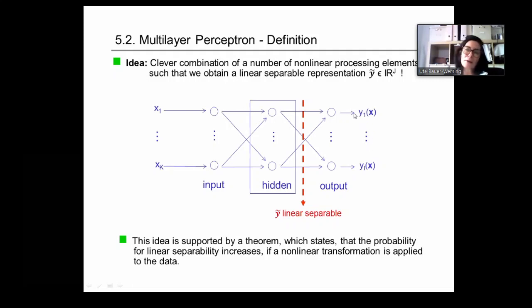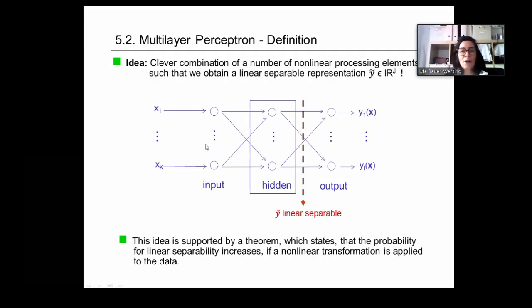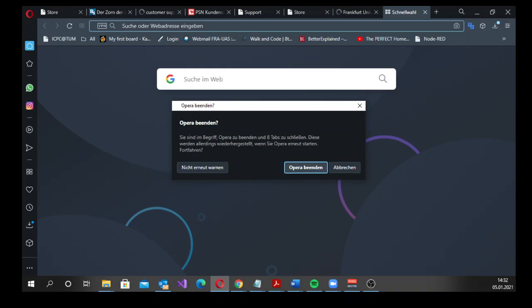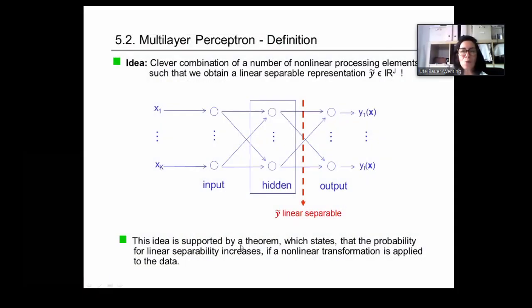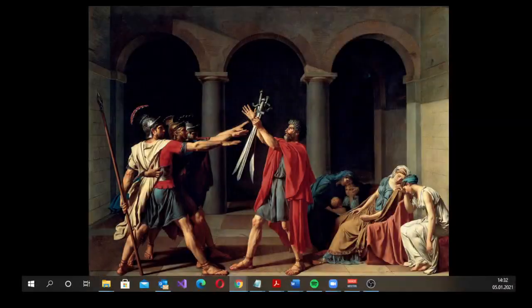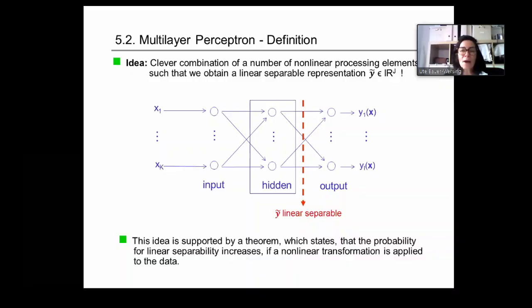So the idea contained in this approach is taking a nonlinear separable problem, doing a nonlinear transformation, and transforming it into a linear separable problem. This idea is supported by a theorem that can be proven, which states that the probability of getting linear separability increases if you apply a nonlinear transformation to the original data.